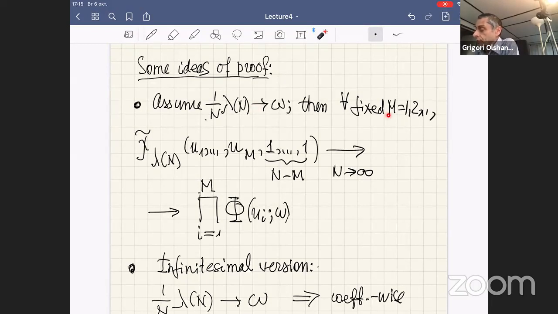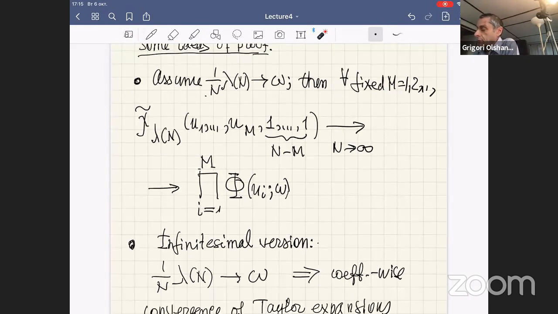We need to prove that for any natural number m, any fixed m, we have convergence on the m-dimensional torus. We take only m coordinates. The remaining coordinates are set to be ones. So we restrict the normalized character on this torus. We assume that n is large, so it exceeds this fixed m.